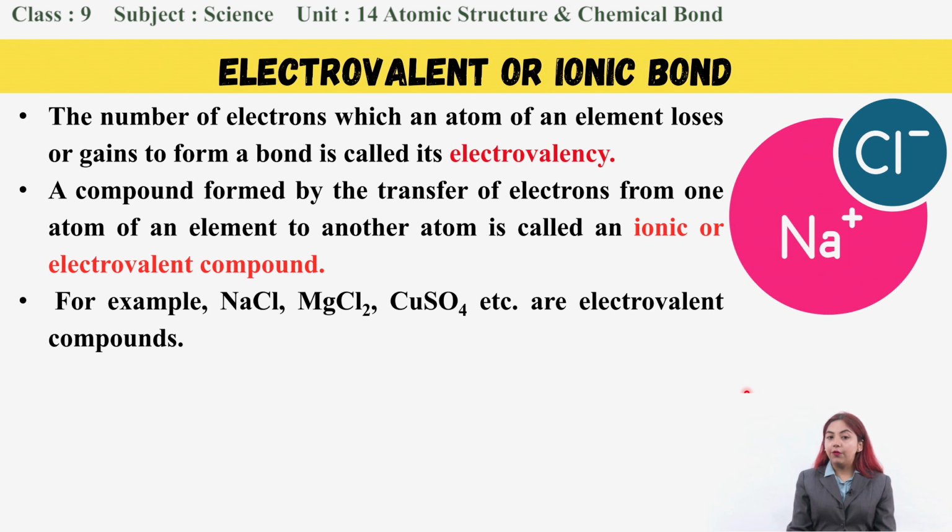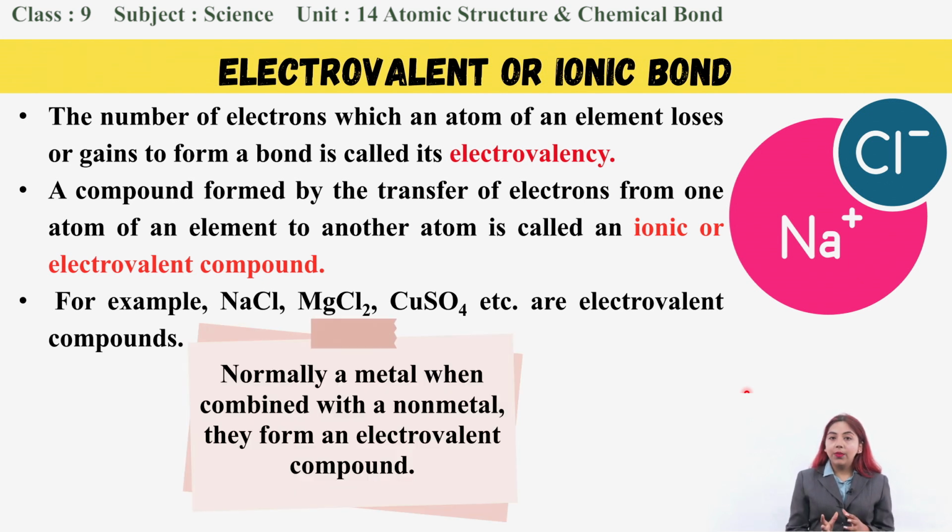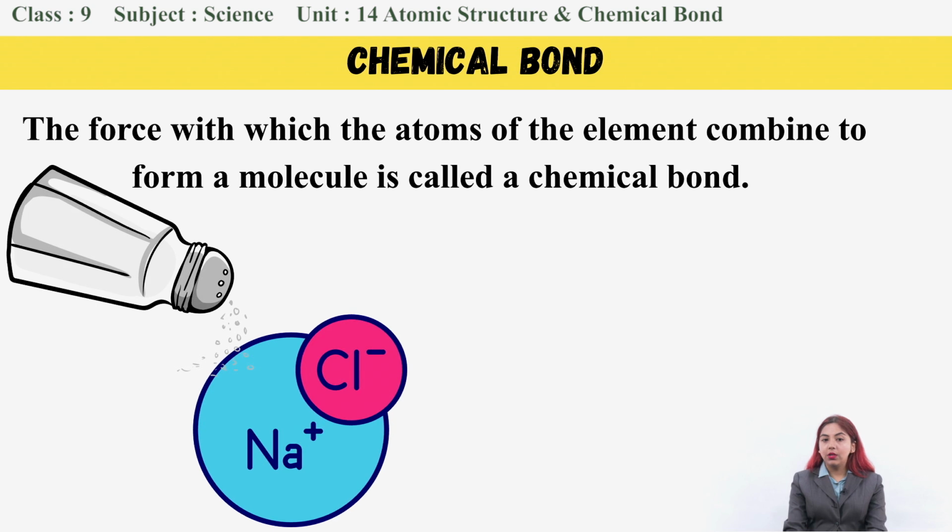So these are a few examples of electrovalent compounds. Now you should remember this important point: normally a metal combines with a non-metal to form an electrovalent compound.